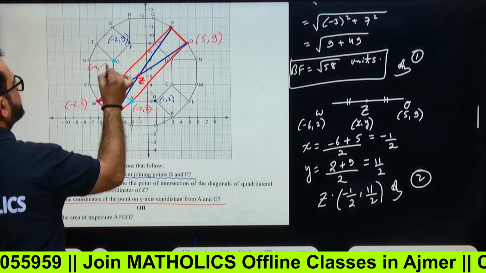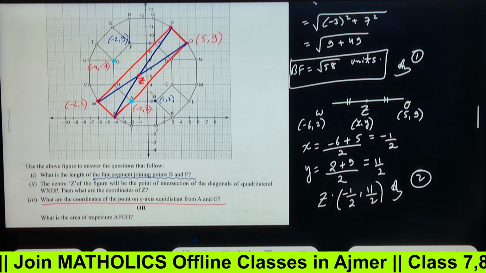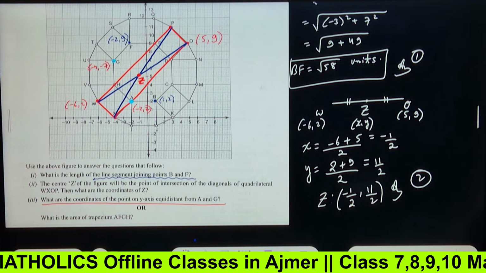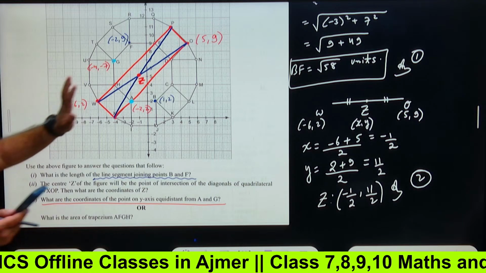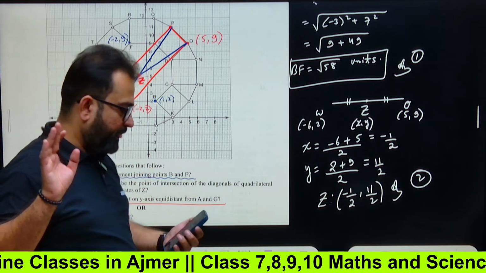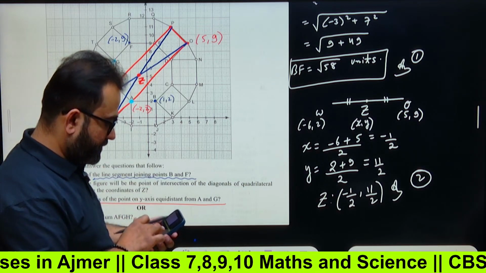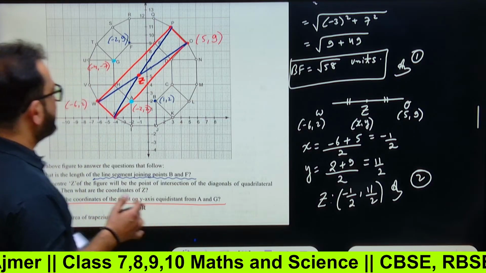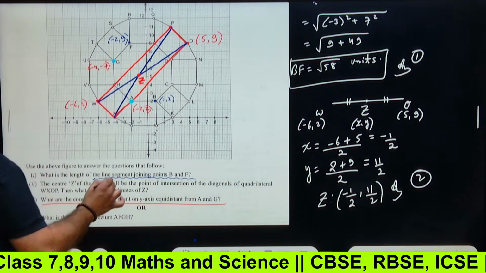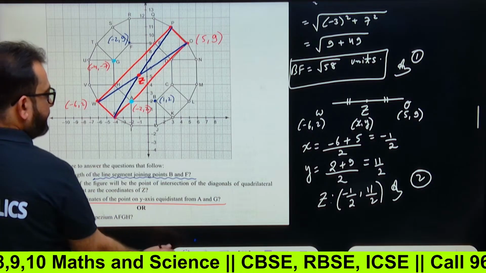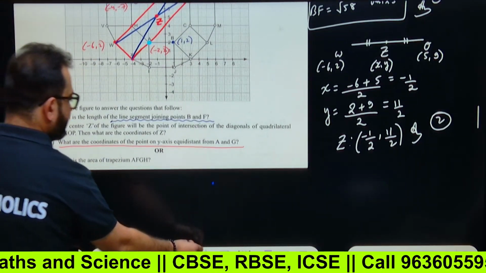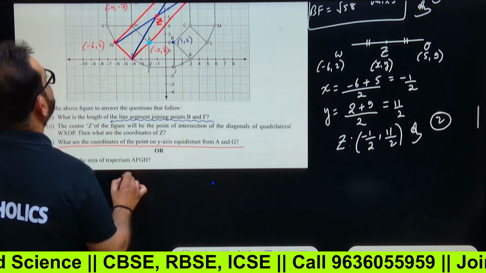How many of you can see this clearly? -4, comma -7. Sorted? Can we move forward? Yes. So just think, now these are 2 points. We have to find a point on the y-axis.